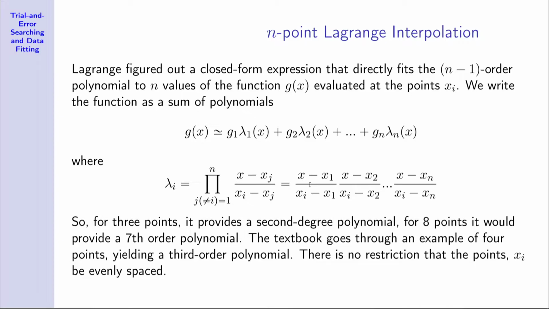So if you have an even spacing between all of your data points, you take the particular x that you're trying to fit to, subtract out the lowest value of your data points, and then divide that difference by the spacing.